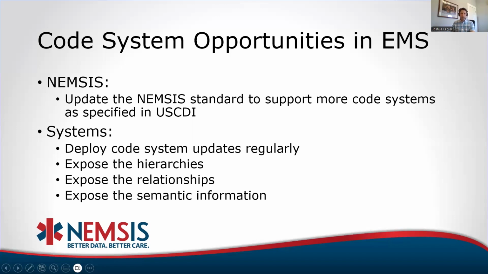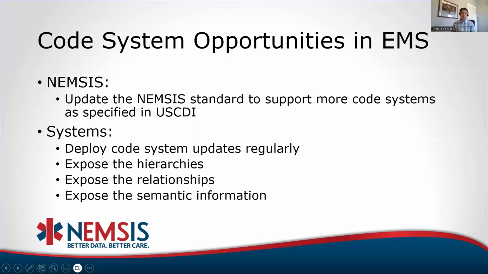And my other recommendation is to expose the rich metadata of these code systems, the hierarchies, the relationships, and the semantic information. So when you're doing analytical reporting, again, back to that naloxone example, you want to know every time naloxone was given. You shouldn't have to go look up the 200 different codes that represent some form of naloxone in RxNorm and search for all of those codes.